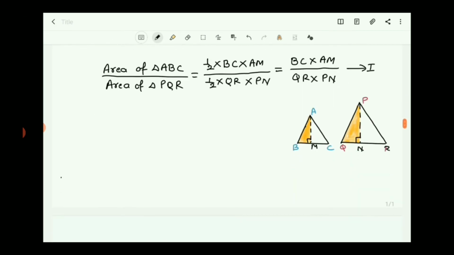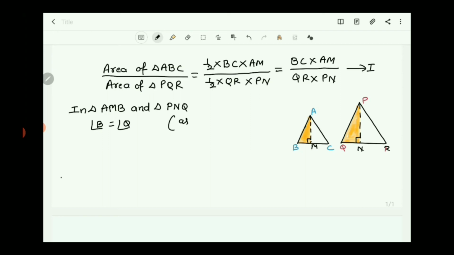Here you have, in triangle AMB and triangle PNQ, angle B is equal to angle Q. Why?